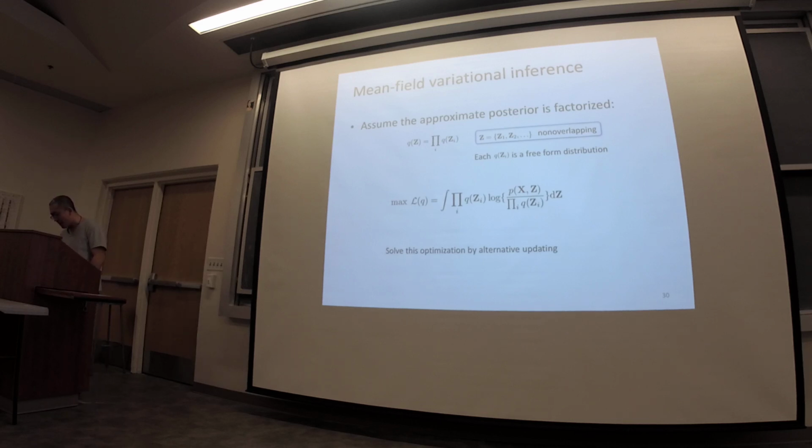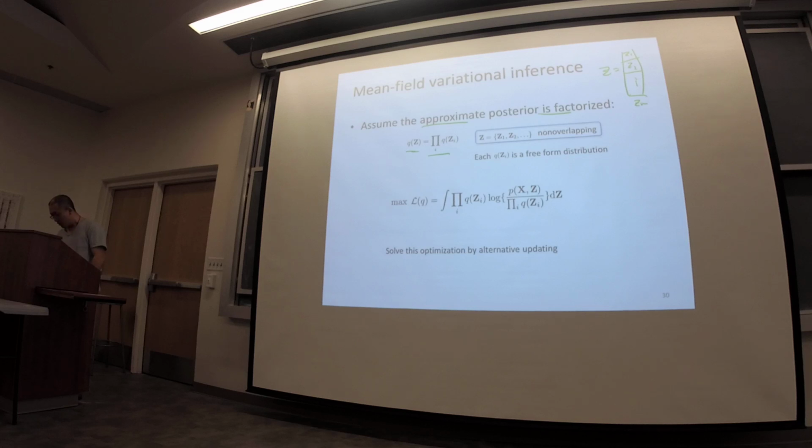Mean field variational inference assumes the approximate posterior is factorized. Basically, you have a vector of latent random variables, and you partition them into different subvectors, say z1, z2, up to zn. Then I assume my approximate posterior has this factorized form, namely Q of z1 times Q of z2 up to Q of zn.